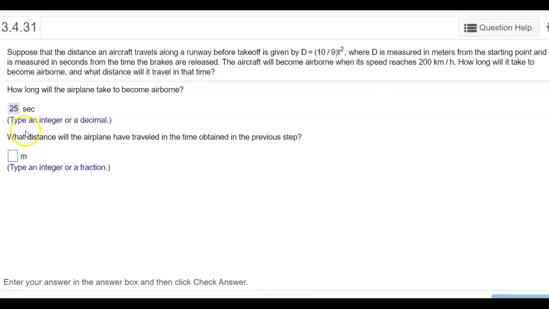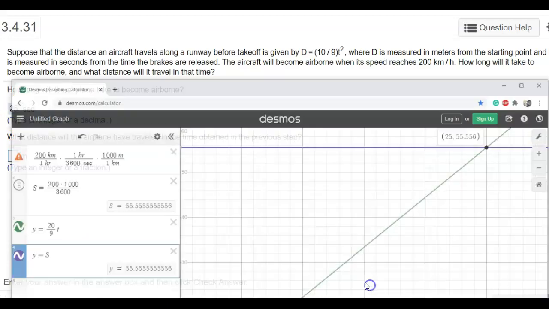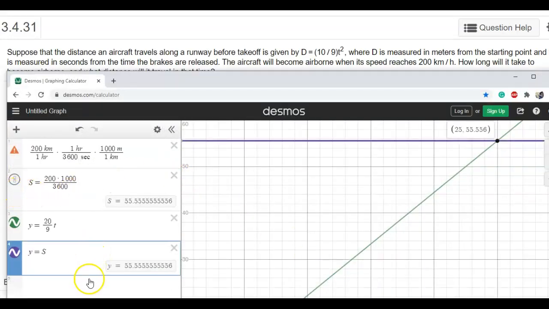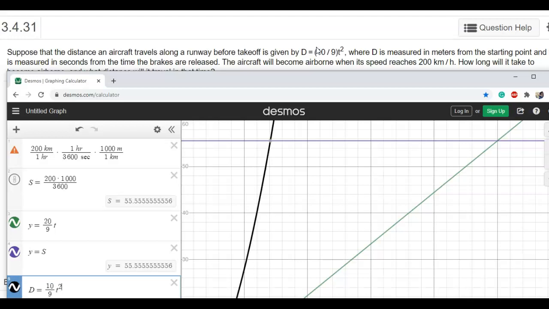Now it wants to know what distance it traveled. Well, that means we're going to take 25 and plug it back into that distance function. So the distance function is d equals 10/9 t squared, and we know t is now 25.